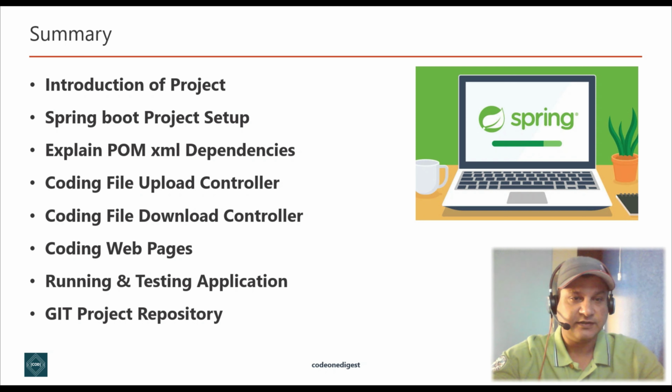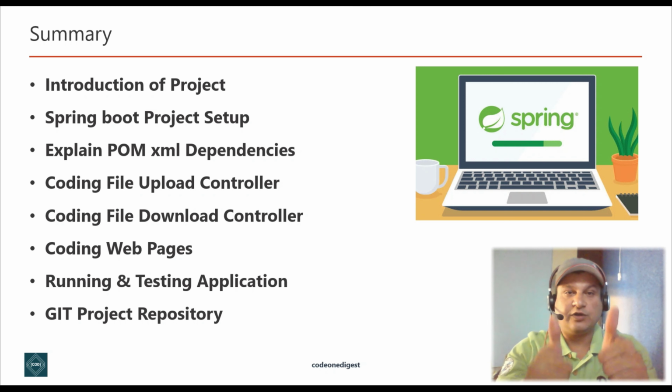Then I showed you the coding for the file upload controller, file download controller, and web pages used in this project. Finally, I ran this application and tested it. I've shown you how to download and upload the files, right, friends? And I also gave you the reference of my GitHub repository so that you can download the code and play with it.